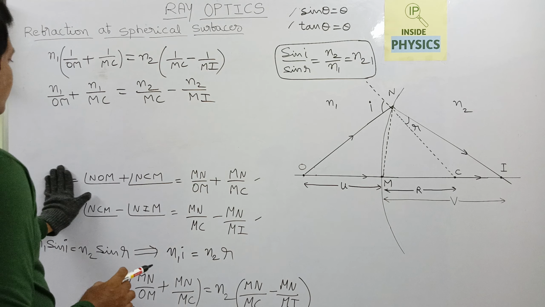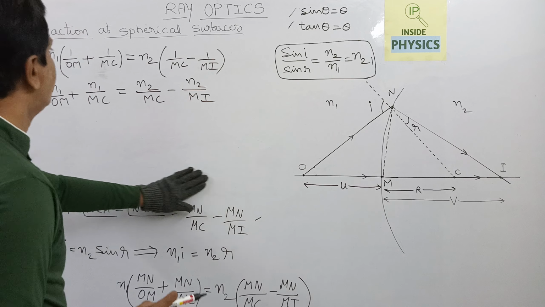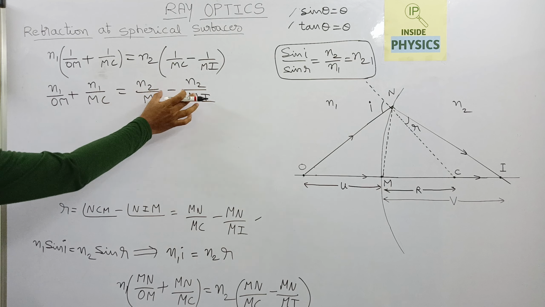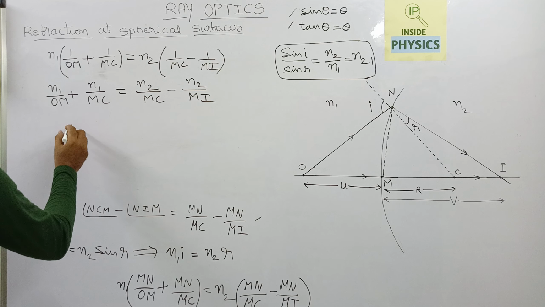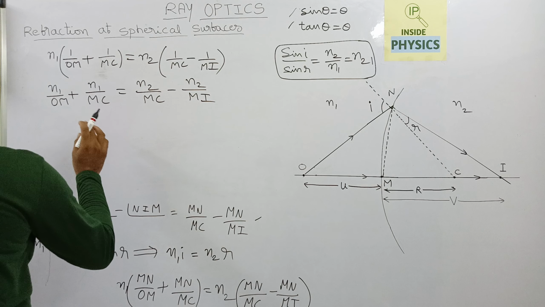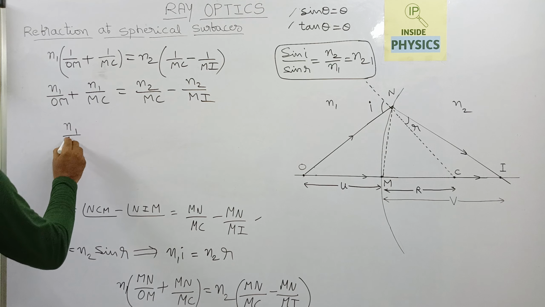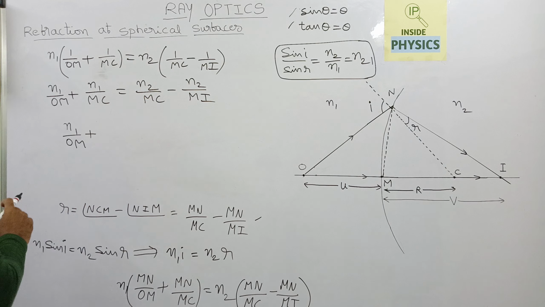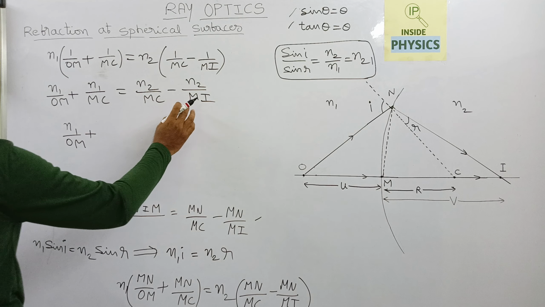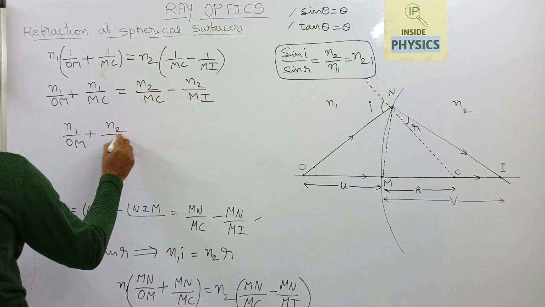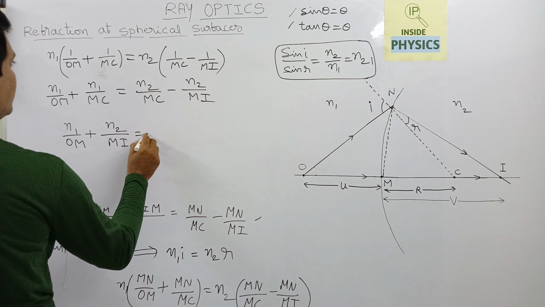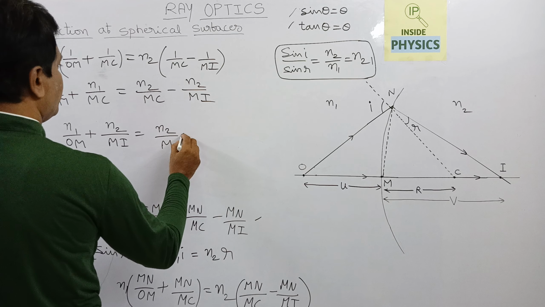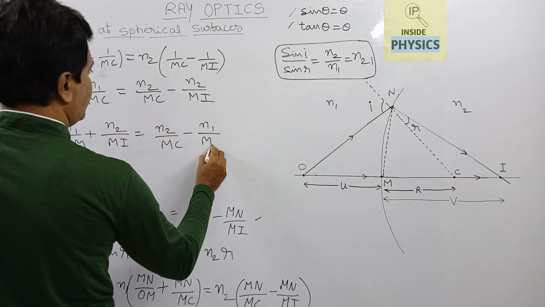See, if you observe this equation, we can take the MC terms on one side and these two terms onto another side, right? So by this we can write N1 by OM plus, I will take the term of this one to the left hand side, N2 by MI is equal to N2 by MC minus N1 by MC.